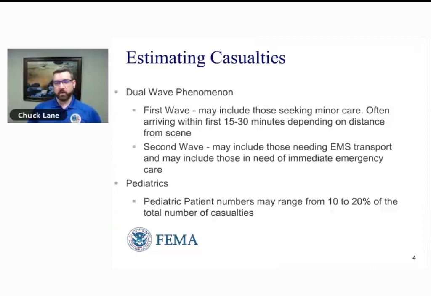So that second wave is generally going to include the higher acuity patients. It's not always true because of the personal vehicle kind of transfers, but generally speaking, in a natural disaster, the second wave is going to be your higher acuity patients that are coming in from EMS.